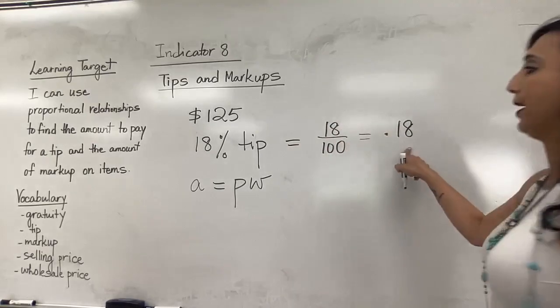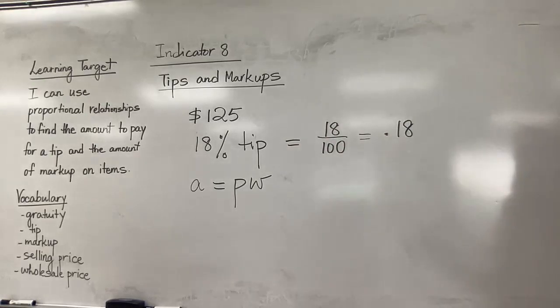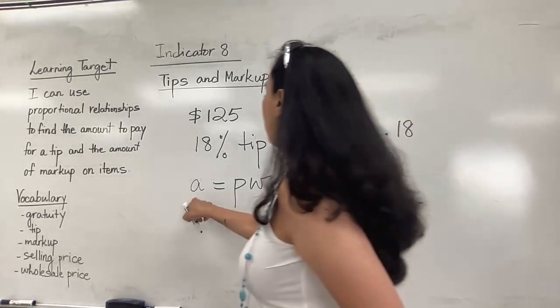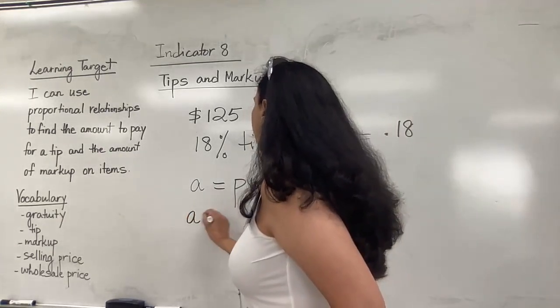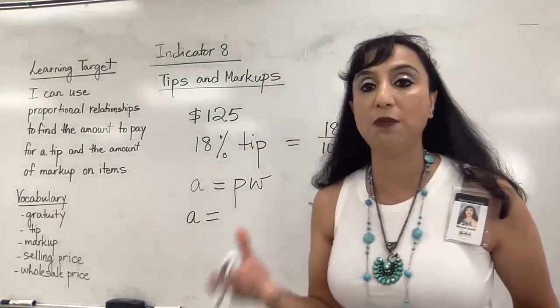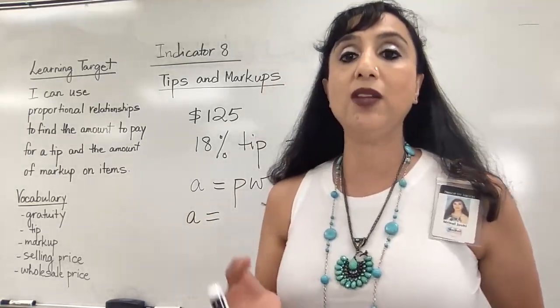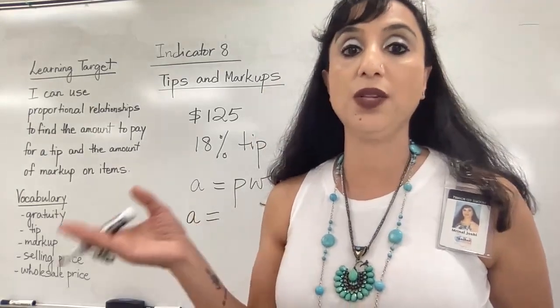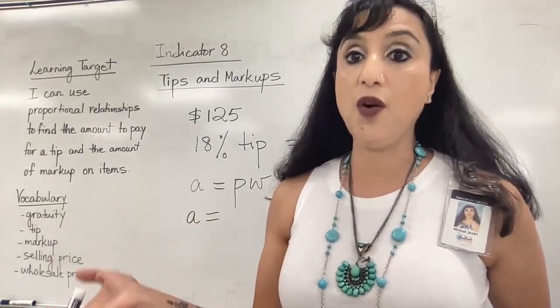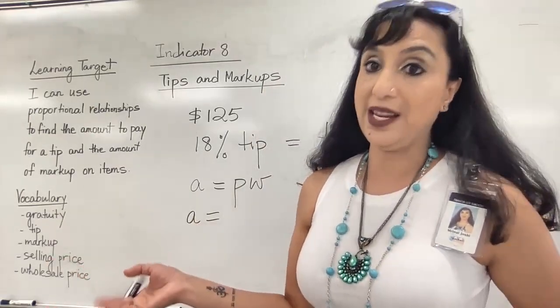All right. So I can always write the percent as a decimal when I'm doing my calculations. And the whole is $125. So then I'm going to try to find this part, which tells me how much the tip should be. And that tip is the amount that I am going to add on to the total cost to know how much we need to pay at the restaurant.